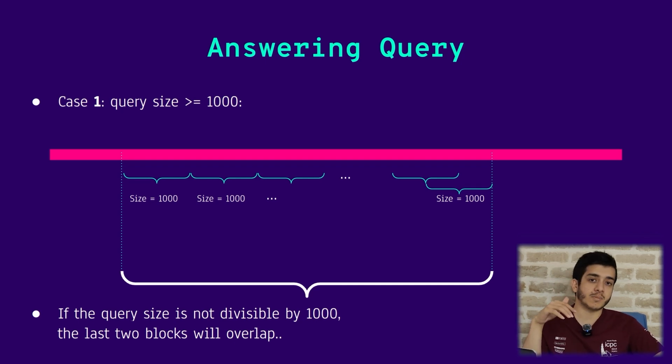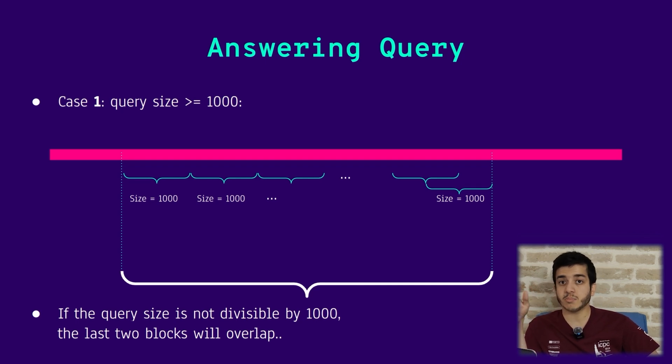If you remember from our last video, we used some single elements from the beginning and the end, and we used the blocks in between. Here, we use blocks in the beginning, and we can use single elements at the end. But better than that, we can use a block which covers the end of that query.